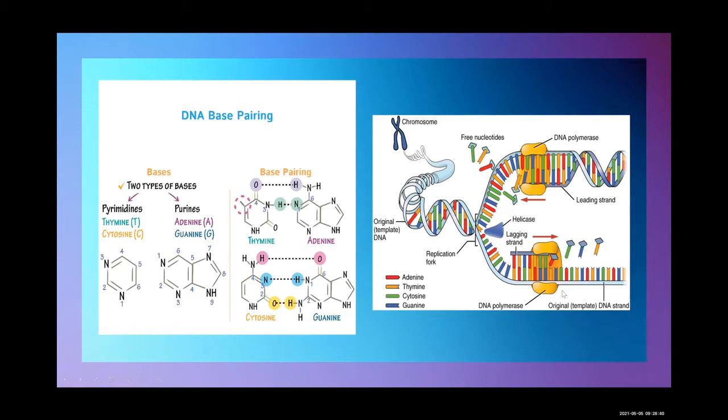So here is a still graphic of how DNA replication works or transcription. So basically, you have this ladder, as we talked about before, and it's a twisted ladder right here, but it gets unzipped exactly like a zipper. This little helicase is what does the unzipping.